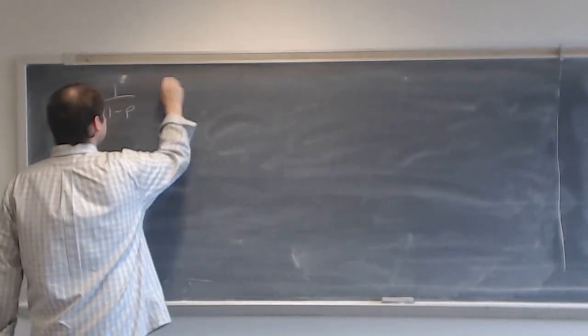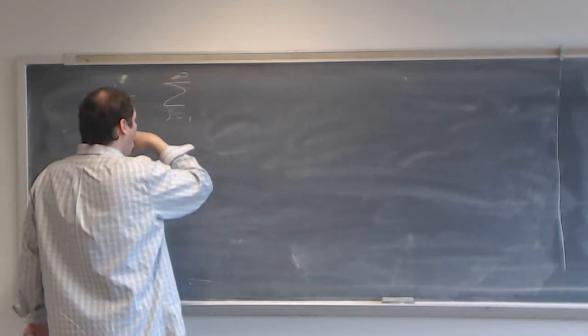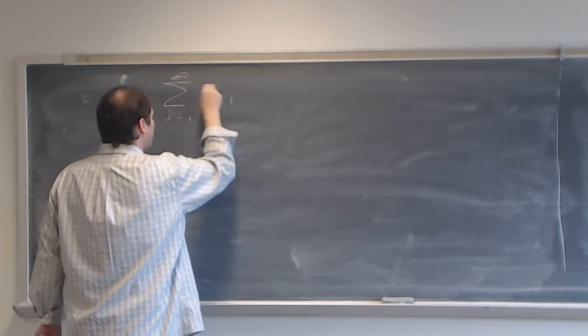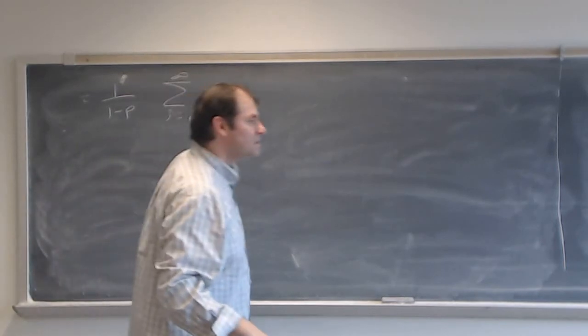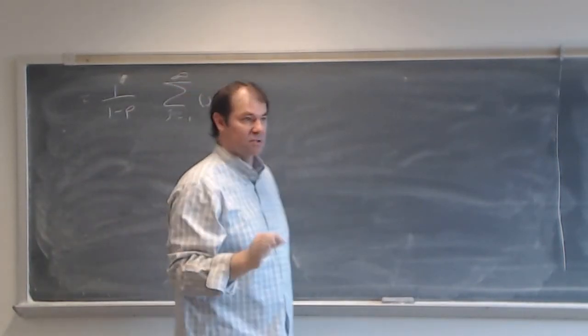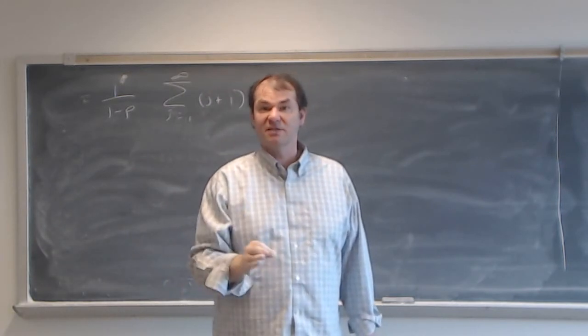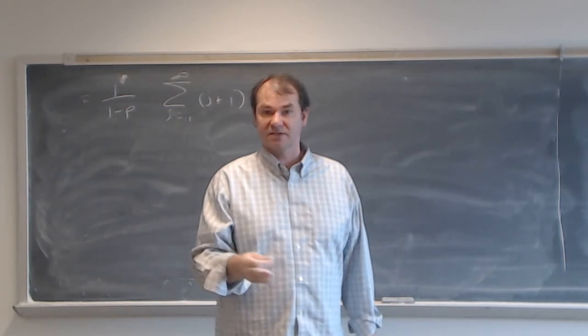Then we have the sum, J runs from 1 to infinity, of J plus 1 times, well, that's the chance of success on the last trial. We're saying it took J plus 1 trials to get our first success. That means the J plus 1 trial was a success. What's the chance of that happening?